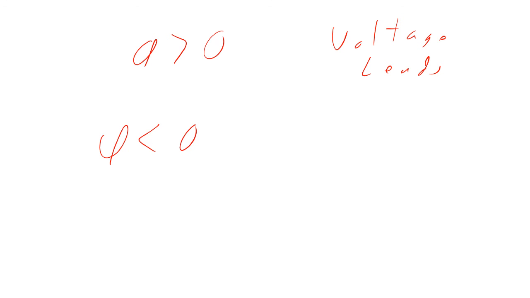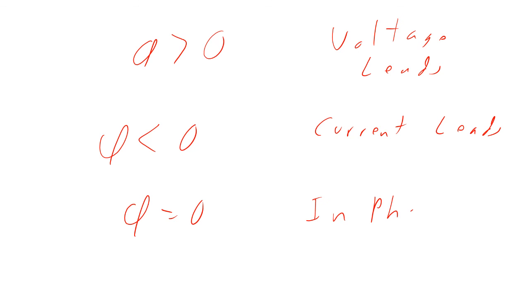Negative phase angle means the current leads. Phase angle of 0 means the current and voltage are in phase. And so again, this is some of the stuff that you had noticed when you were doing lab.